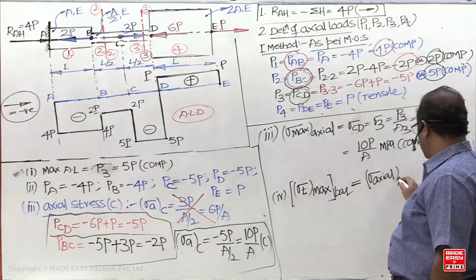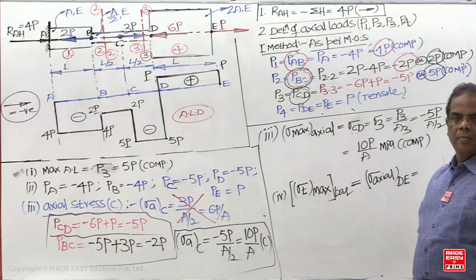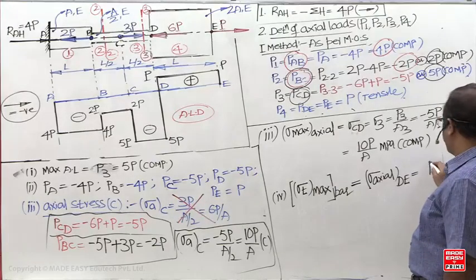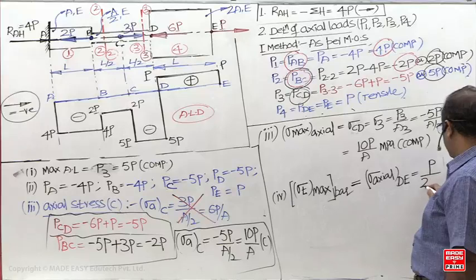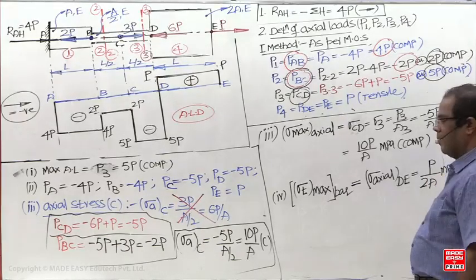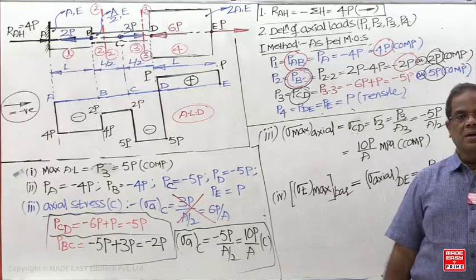Axial stress in the DE member is P by 2A. But what is the maximum shear stress in the bar? Under a uniaxial state of stress, what is the maximum shear stress?